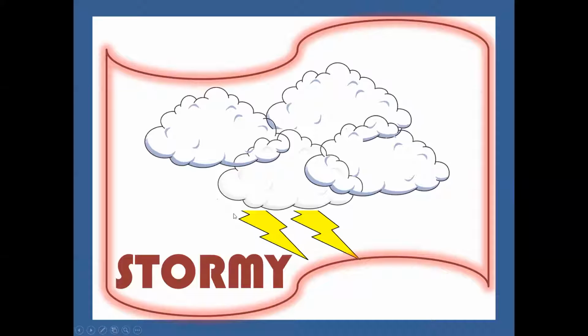Lightning is like the bright light that comes out of the clouds, and then you hear boom. That is thunder. Repeat thunder. So that is the big noise, the big sound that the lightning makes. Boom. That is stormy. So if there's no lightning, rainy. If there's lightning, we say stormy.